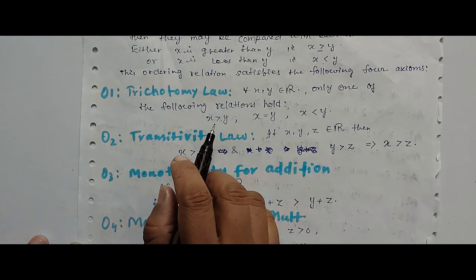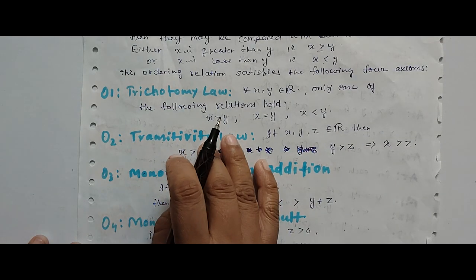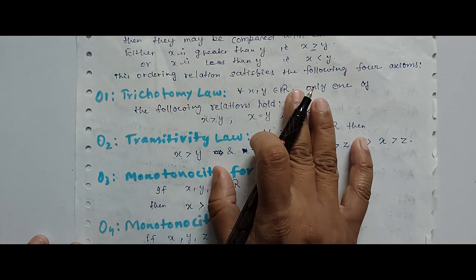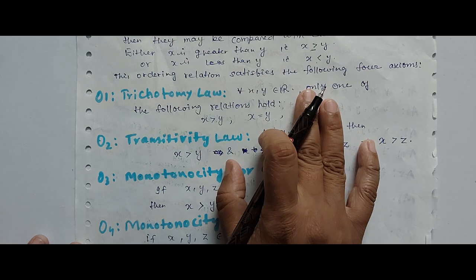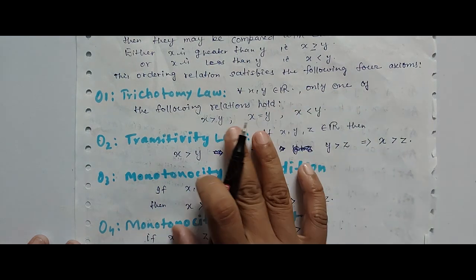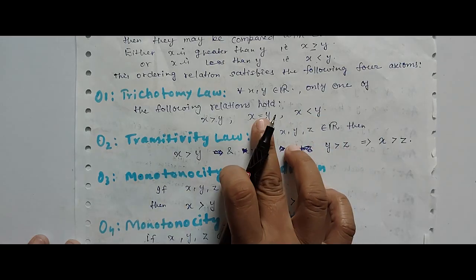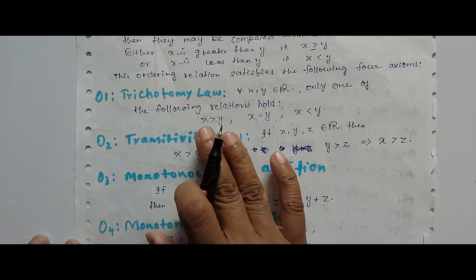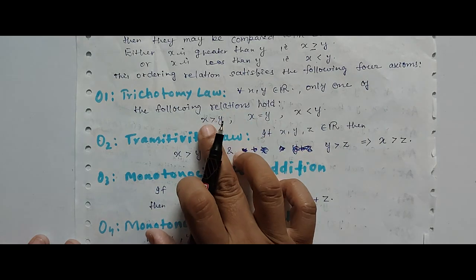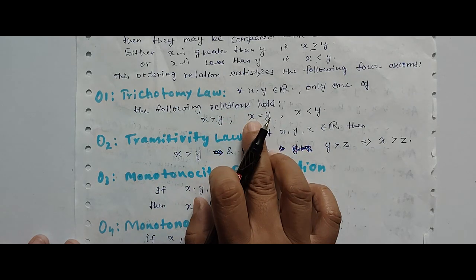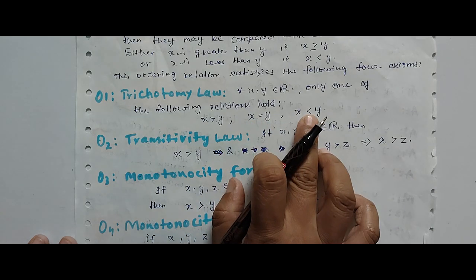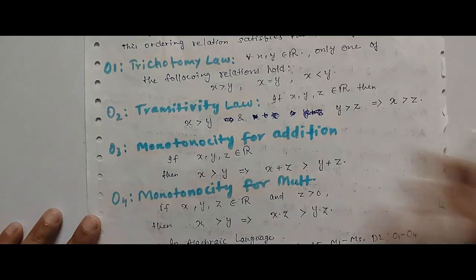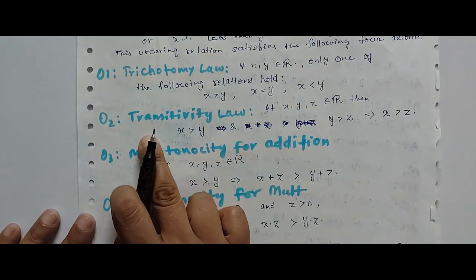So what does the trichotomy law say? It says that if you take any two elements x and y in the set R, then exactly one of these properties will hold. Exactly one, not even two properties. Either x is greater than y, or x equals y, or x is less than y. So any two elements of R will follow exactly one of these properties.